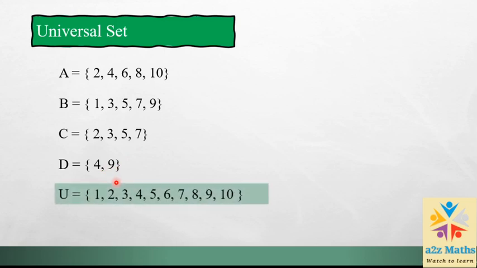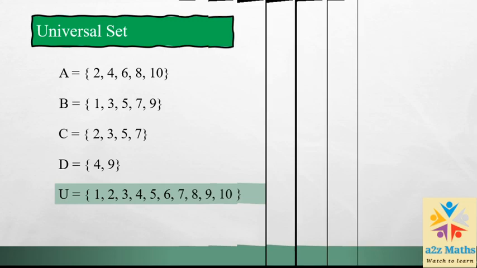Now, for example, we have a set U, which is 1, 2, 3, 4, 5, 6, 7, 8, 9, and 10. So this U contains all of these sets. All these sets are part of U. So in this case, this is the universal set. It means universal set is a set in some particular situation which contains all the sets of it.